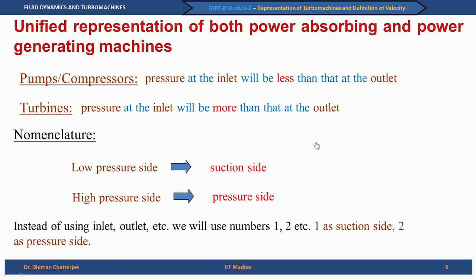Also, instead of using inlet, outlet etc., we will use numbers 1, 2 etc. 1 for suction side or the low pressure side, and 2 for high pressure side, or simply the pressure side. How to remember which one is 1, which one is 2? It is very easy. We know that 2 is greater than 1. So high is greater than low. High pressure side will be given the number 2 and low pressure side will be given the number 1.